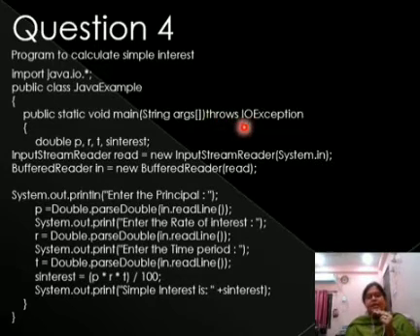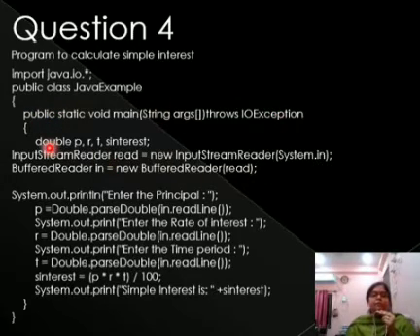Exception means error. Throws is the keyword used to remove the errors coming through your input output files. You have to learn this by heart. In each and every program where you use input stream reader, you have to write it.